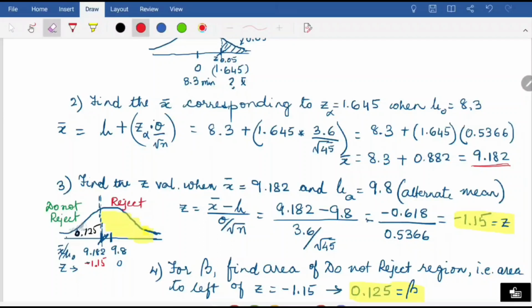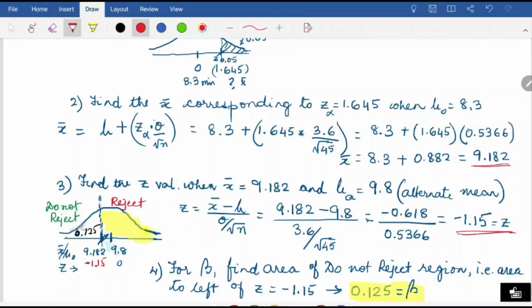Hope you can see that, otherwise I'll remove the highlight and just underline with red. All right, so the z value is negative 1.15 when we replace the center point with 9.8, the alternate hypothesis mean.